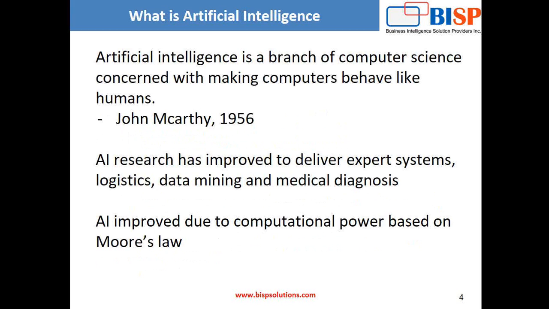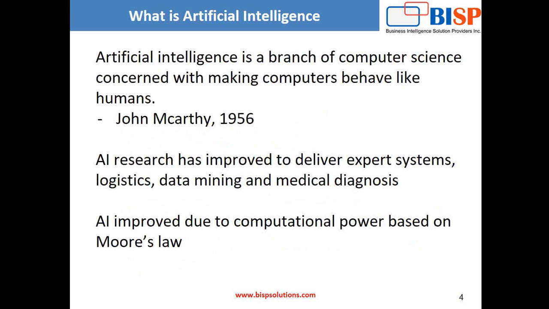Artificial intelligence is a branch of computer science concerned with making computers behave like humans. The first definition was given by John McCarthy in 1956. Now I'll tell you what actually happened in 1956. The first conference in Dartmouth happened where many scientists came together to define what is artificial intelligence.